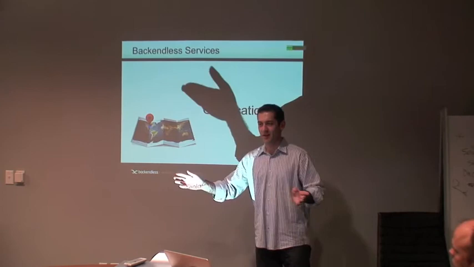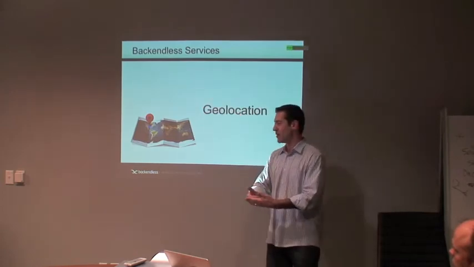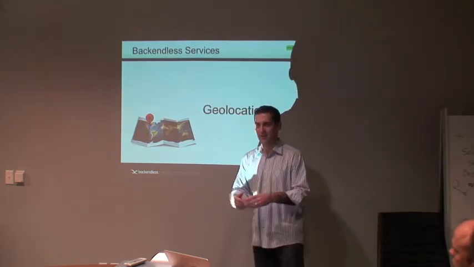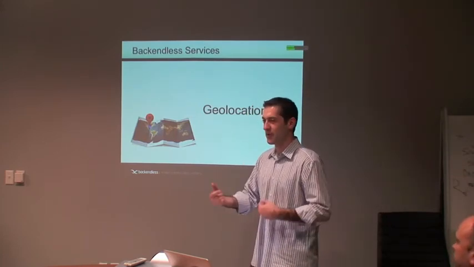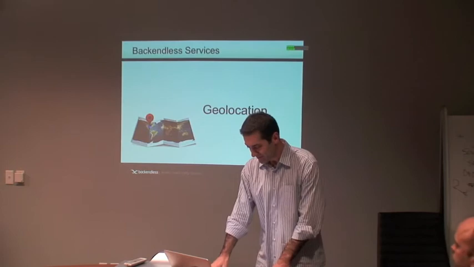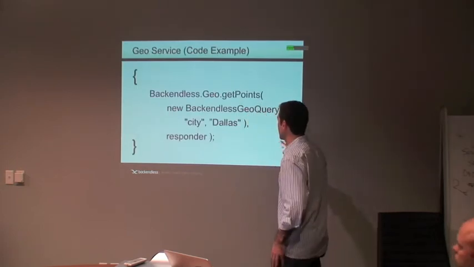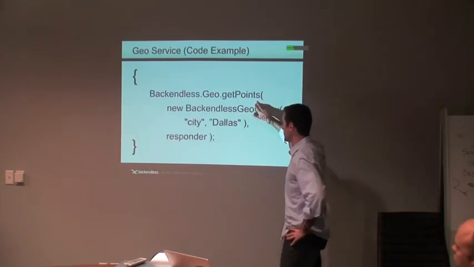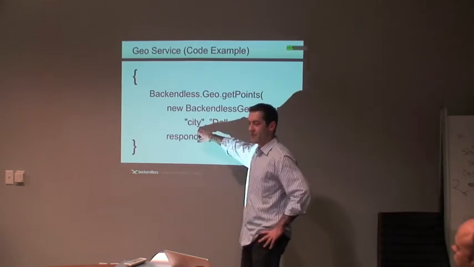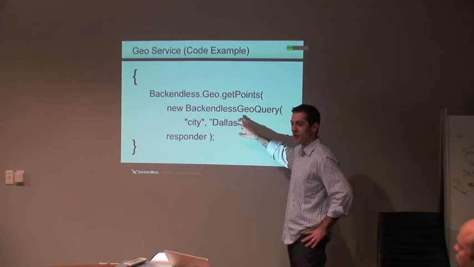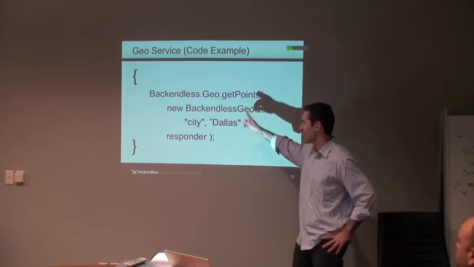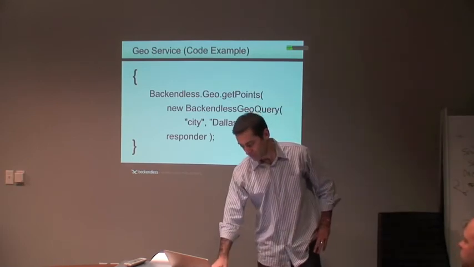You can say, find me within 100 yards anybody who has similar interests as I do, and it just comes back, and this data could be live because your phone could be updating coordinates right there. This is what it looks like to run a search for geopoints where the key is city, value is Dallas, and any geopoint that has this kind of metadata is going to come back as a result for that query.